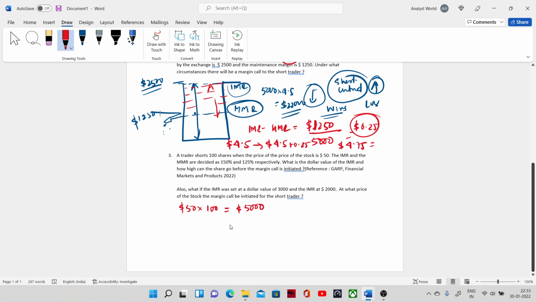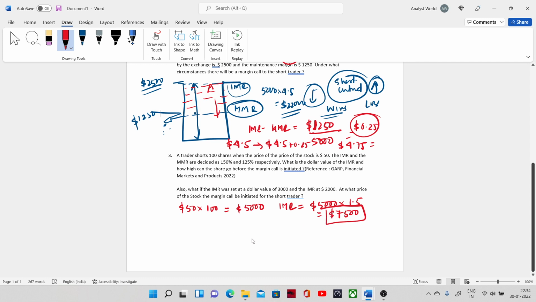The initial margin requirement and the maintenance margin requirement are decided at 150% and 125% respectively. So the initial margin requirement will be 150% of the contract value, which means 5,000 into 1.5 times, which comes out to be 7,500. This is the initial margin that the short seller must post with the exchange.